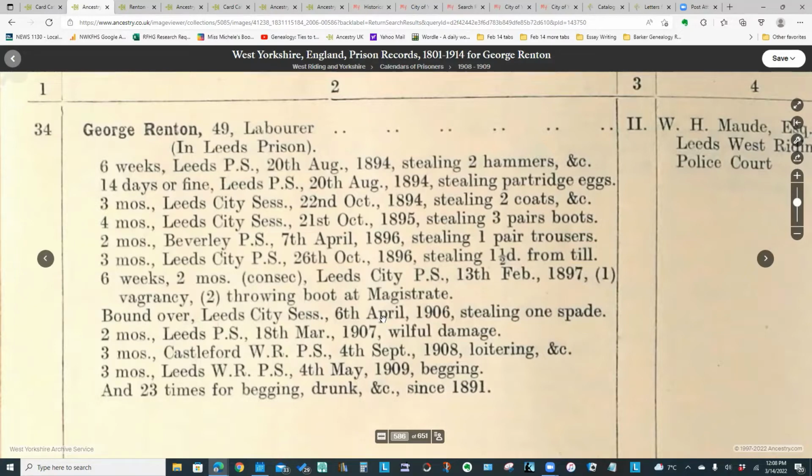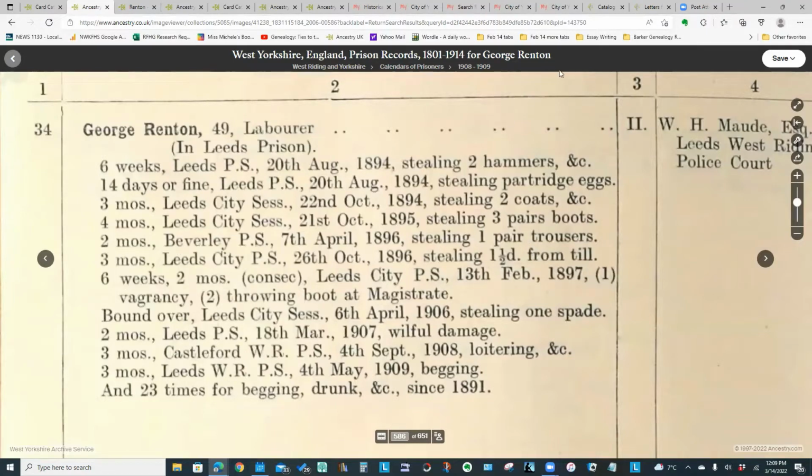So I know it's not 5 different George Rentons that were in and out of the jails. It's one guy. They give me his age, which is nice, and they're summarizing all of his offenses over the years. So he stole hammers, partridge eggs, coats, boots, trousers.